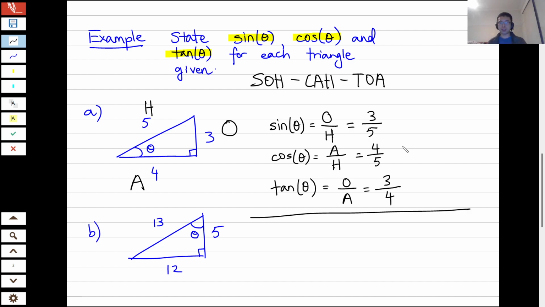So let's do this for 2 more triangles. Notice here, in part B, theta has moved. It is now in the top right. So I can't just copy O, A, and H and put them in the same position here. Because now, the side that is facing outwards from theta is down the bottom.